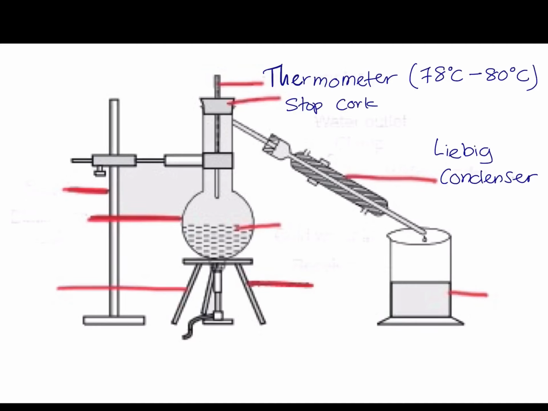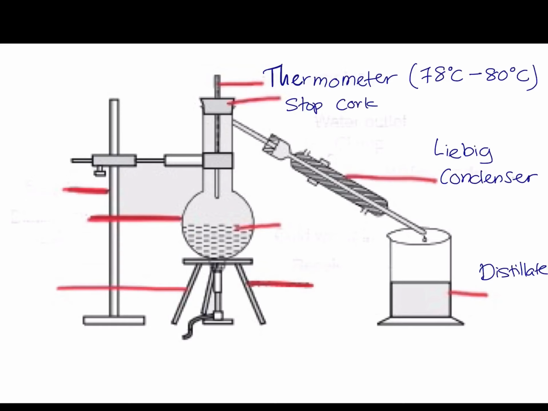So which means the vapor coming from the round bottom flask will be changed to droplets. Alright, so next we have the beaker to collect the droplets. This one we call the distillate. The distillate can be the pure alcohol. Over here is the pure alcohol.